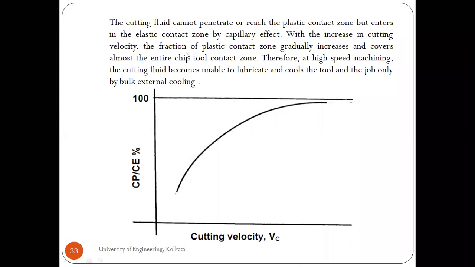So with the increase in the cutting velocity, the fraction of the plastic contact zone gradually increases and covers almost the entire chip tool contact length. Therefore, in case of high speed machining, the cutting fluid becomes unable to lubricate and cool the tool and the job, except by bulk external cooling.